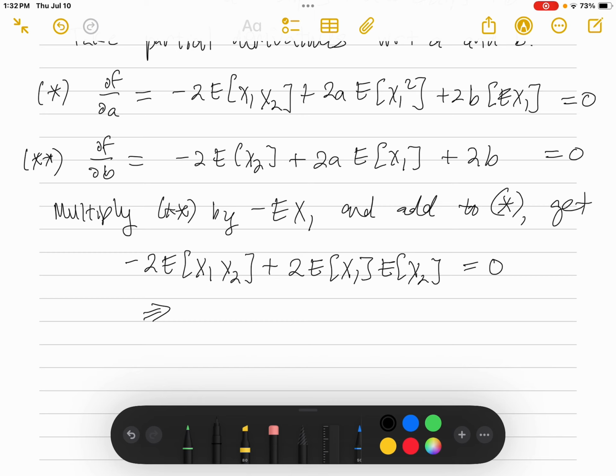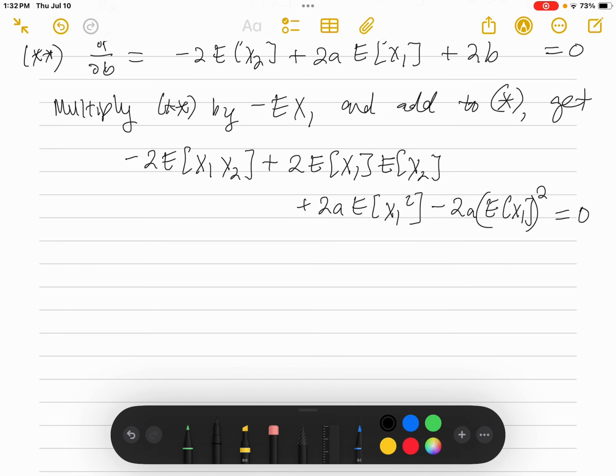Only the last terms cancel. I just read the thing wrong. So it's going to be this, let's see, plus 2a expectation of x1 squared minus 2a times the expectation of x1, and then this whole thing squared, right? That's squared. That is going to equal 0.